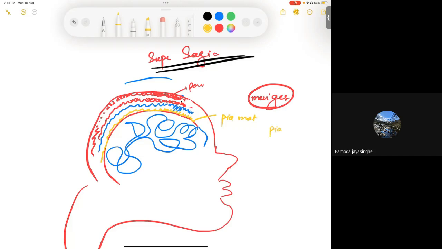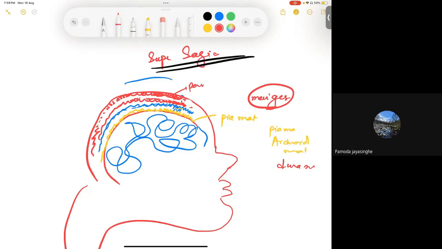Pia matter, which is present closest to your brain. This is your pia matter. Is it clear? The other one is arachnoid matter. So this layer, the blue layer, is going to be your arachnoid matter. The last one is going to be your dura matter, which is present outside or above your arachnoid matter. Is it clear?